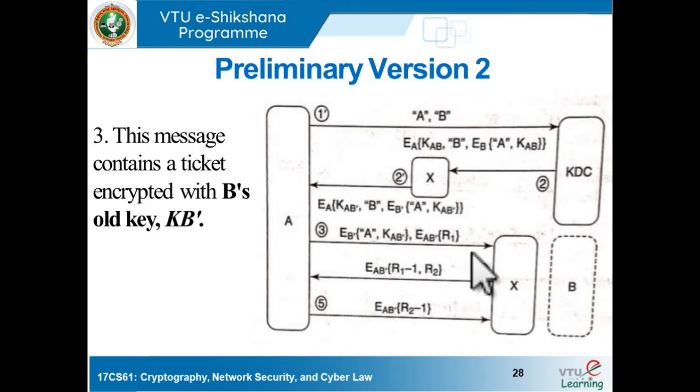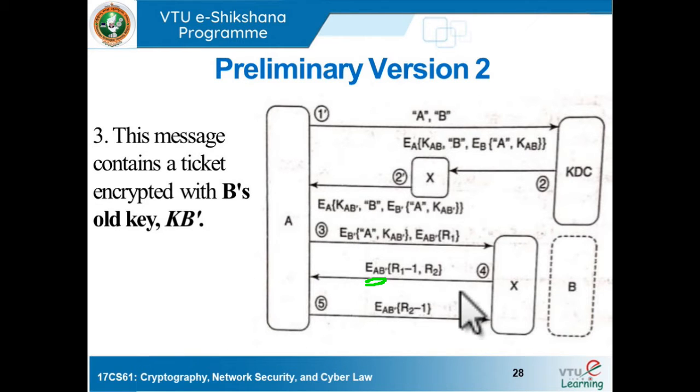Upon receiving, what does B do? B can decrypt the message that is received in message 3 using KB, in order to obtain the message details that A is wishing to communicate, and this is the session key which has to be used for further communication.